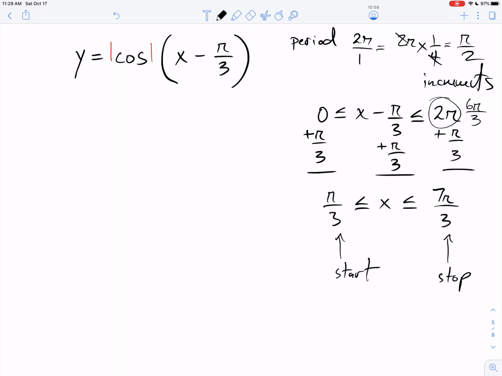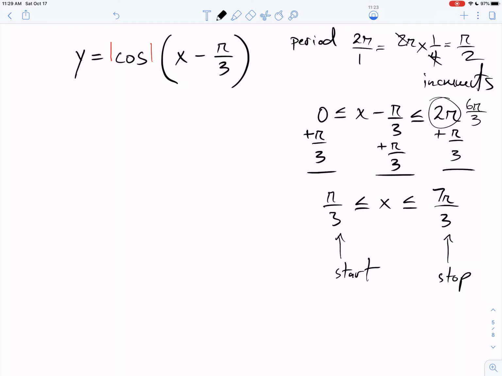If I'm going to graph this for one period, all right? And my increments are going to be pi over 2. So what I'm trying to say here is, this is the toughest part about shifting something sideways.